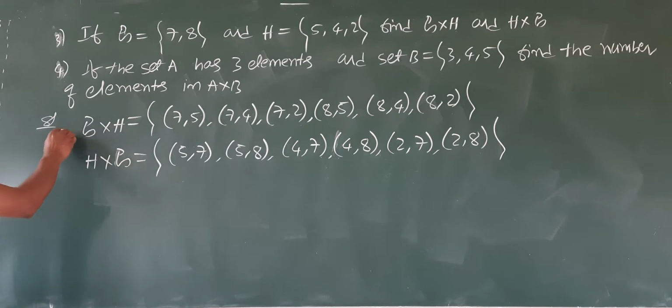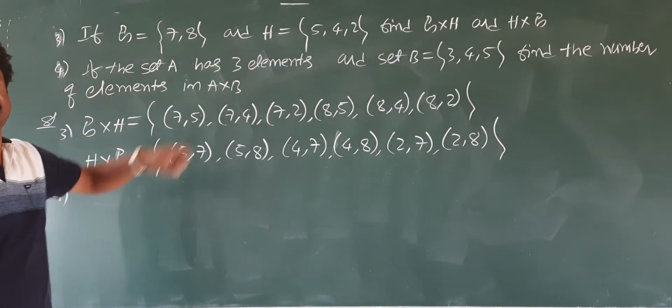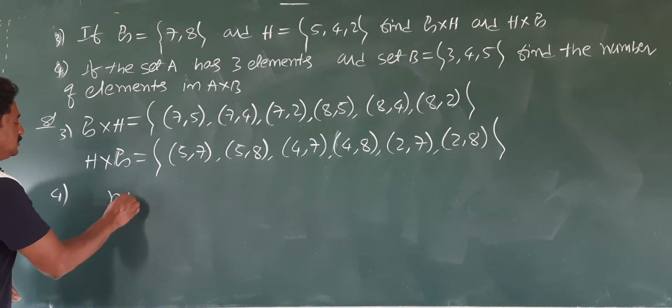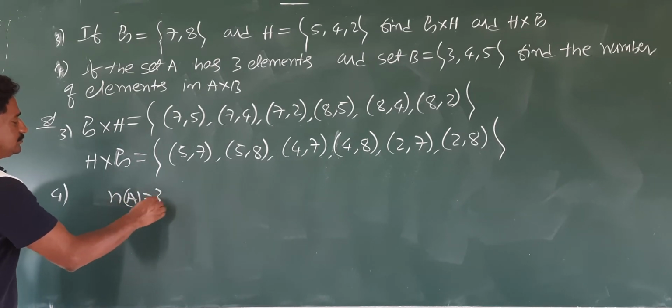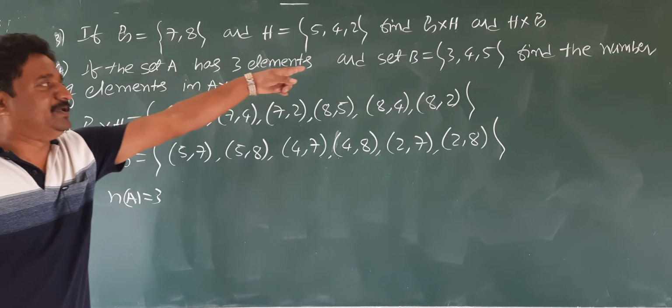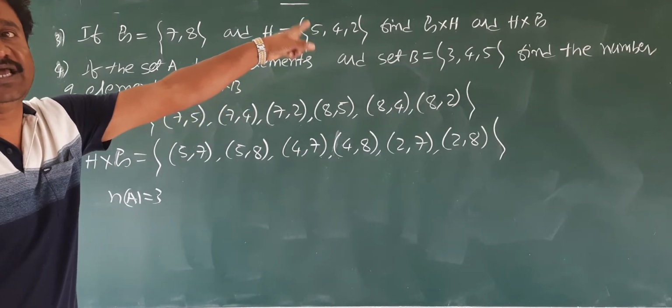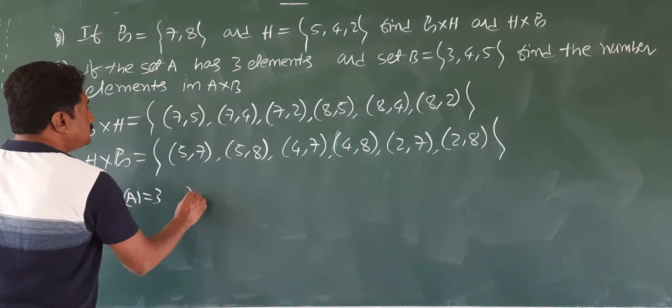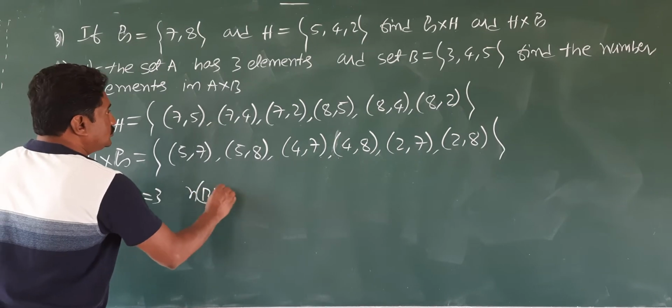This is question number 3. Set A has 3 elements, so number of elements in set A is 3. Set B also has 3 elements, number of elements in B is 3.